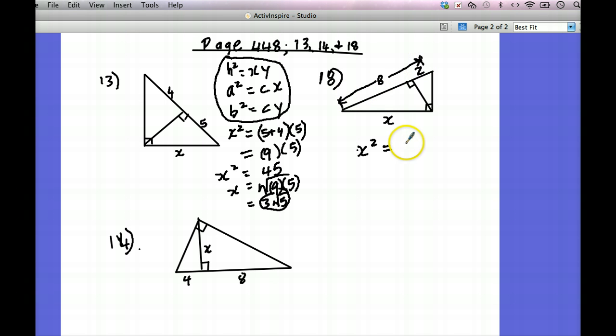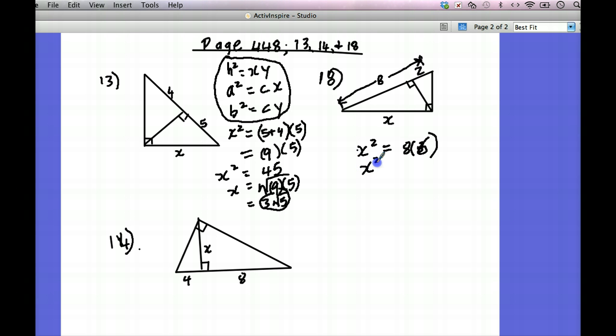Hypotenuse is going to be 8 times the segment of the hypotenuse which is next to the leg in question. So what's this going to be? Well, if we know the overall is 8, this is 2. I'm sure you can figure out that this is 8 minus 2, which is going to be 6. Alright, so here we have it.